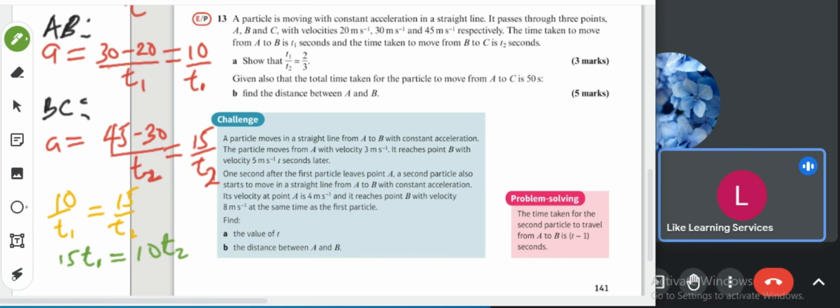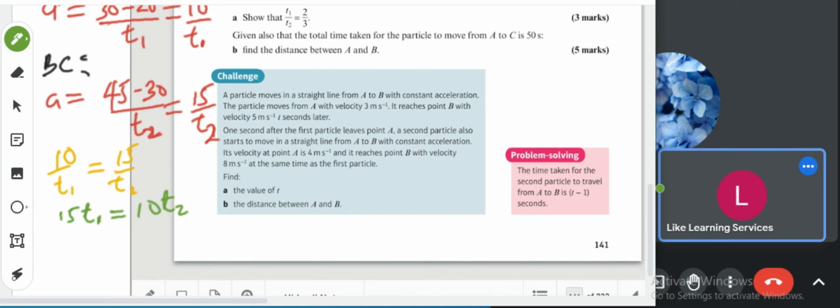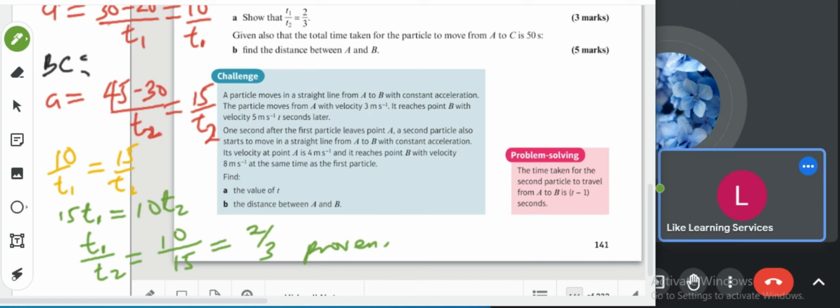So T1 over T2 will give you 10 over 15, which is 2 over 3. Proven. You get that?